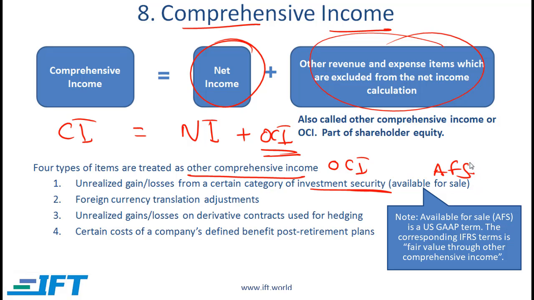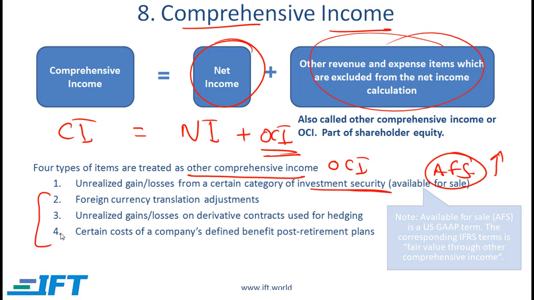This means that if the value of a AFS security goes up, that is a gain, but this gain is not shown in the income statement. It is shown in the equity segment of the balance sheet as other comprehensive income. We will see this in detail in the next reading on the balance sheet.